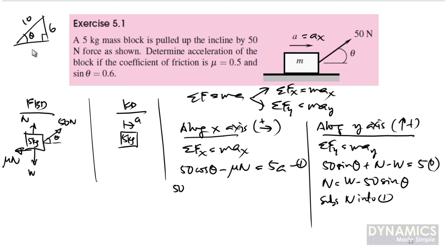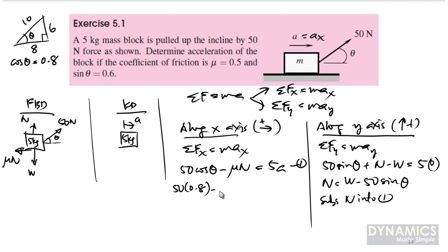Okay, so if we have a triangle like this, 6, 10, this side will be equal to 8. The base will be equal to 8. So in that sense, we can get cos theta equals 8 over 10, or basically 0.8. So straight away we can get cos theta without knowing the actual value of theta. The cos theta here will be equal to 0.8 minus mu.